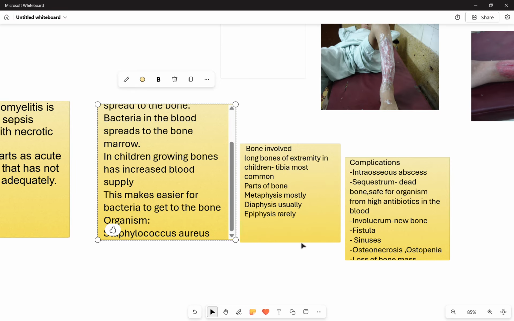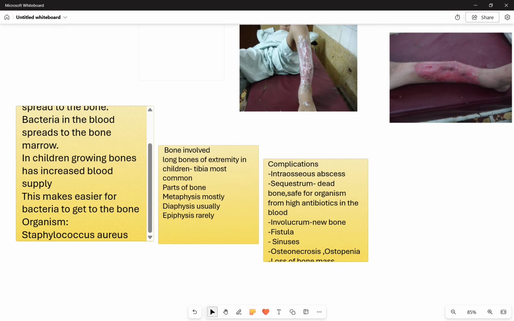So which are the bones involved in children? They are mostly long bones of the extremity, and the tibia is the most common bone involved. The parts of the bone are the diaphysis, the shaft of the bone; the epiphysis at the ends where the bone is growing; and the metaphysis, the extremities of the bone.